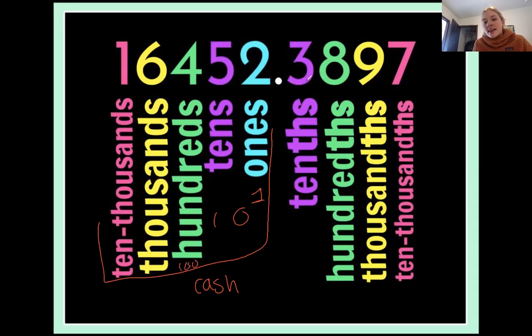And then I like to think of our decimals as our coins. So a tenth would be a dime, or a hundredth would be a penny. And that's the smallest we get. But I think you get the point. So decimals are kind of like our coins, and then our whole numbers are like our cash money.